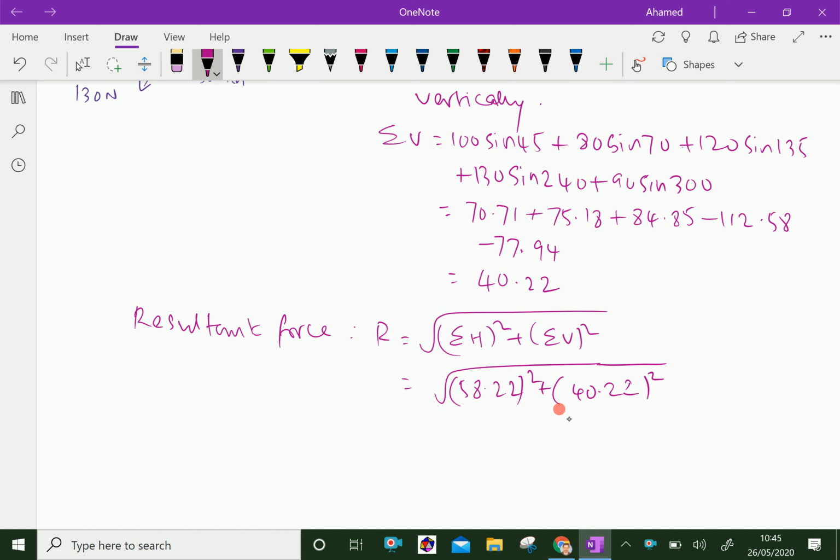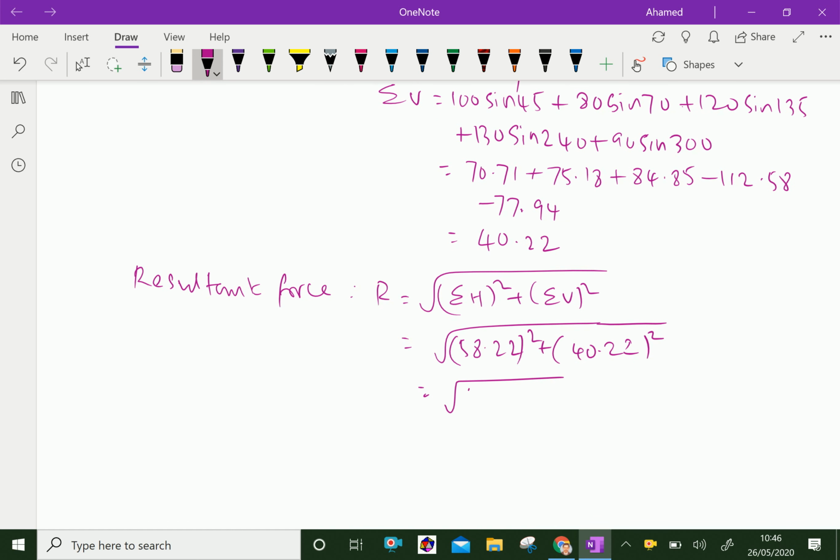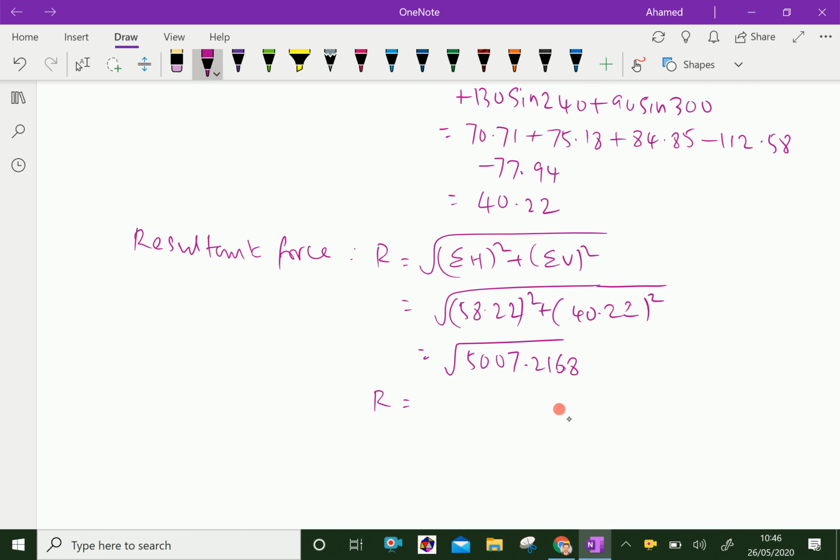We'll calculate this. 58.22 squared plus 40.22 squared equals 5007.2168, then the square root is, therefore, R equals 70.76 Newton.